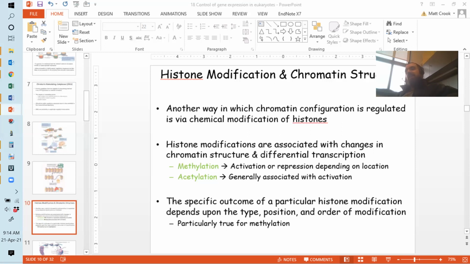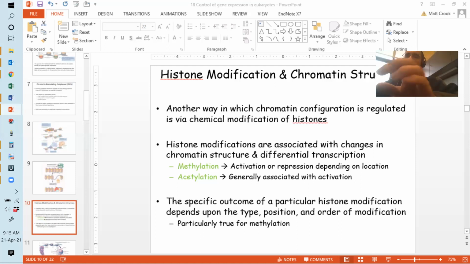Okay, so if one of the residues that we're modifying is a lysine, can you guess what type of amino acid residue a lysine is? So if histones are either positive or neutral, and we're going to be modifying a lysine, what type of amino acid do you think lysine is? No, opposite of that. It's positive.